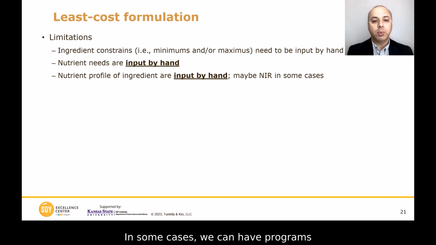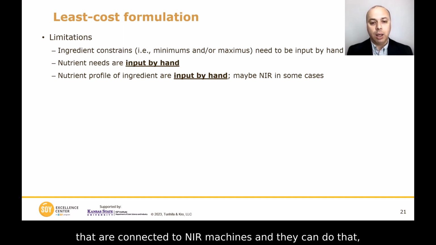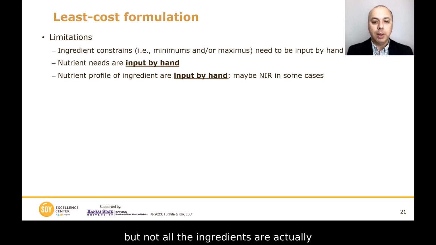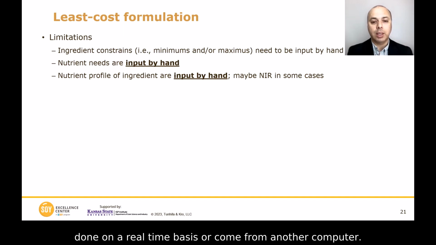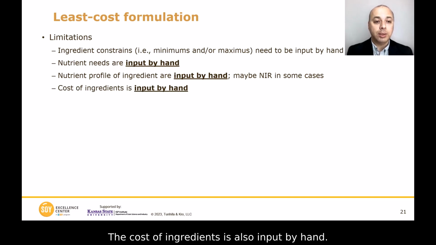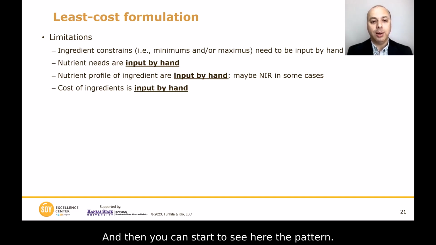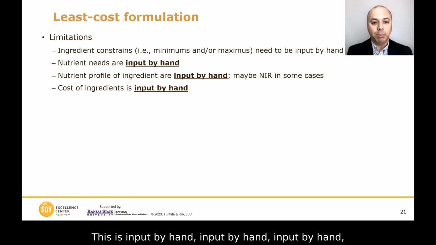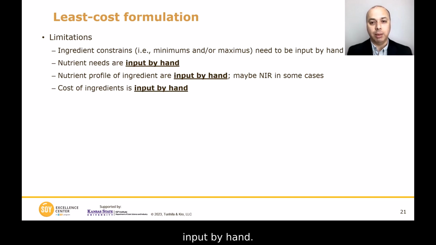In some cases, we can have programs that are connected to NIR machines and they can do that, but not all the ingredients are actually done on a real-time basis or come from another, let's say, computer. There's a lot of data that is input by hand. The cost of ingredients, it's also input by hand. And then you can start to see here the pattern that says input by hand, input by hand. Why is this a limitation?